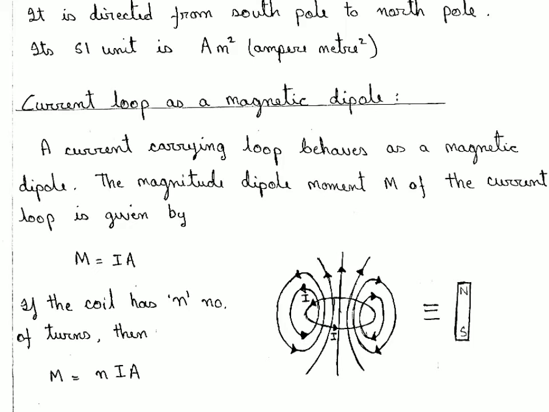It is known as the magnetic dipole moment of the current loop. As you can see in the diagram, the current loop carrying current I is equivalent to a bar magnet, and the direction of the magnetic field lines is also shown in the diagram.